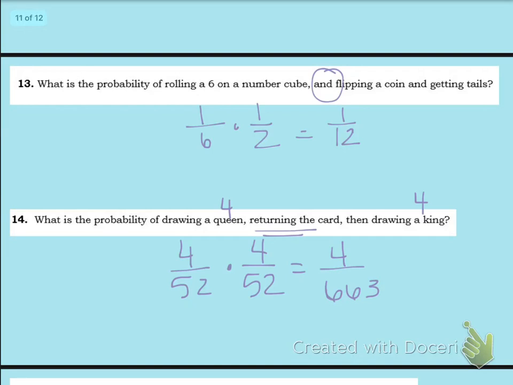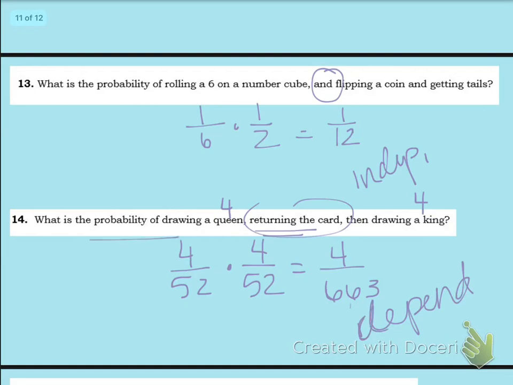Okay, this top one, if I'm rolling a cube and then flipping a coin, they're going to be independent. Okay, if I am drawing a queen and I return it and then draw a king, because I returned it, they are still independent of each other. I did not affect the outcome of the other one. Actually, sorry, it's dependent, because I could have affected the outcome of the other one.